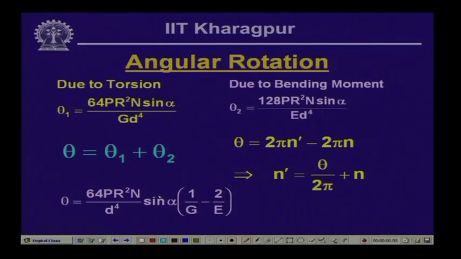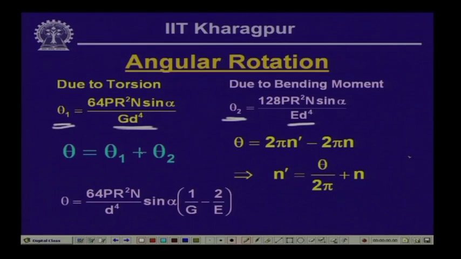So, we need to find out the value of theta, the angular rotation. Due to the twisting moment, the rotation theta 1 is given by 64 P R square N sin alpha by G D to the power 4, and due to the bending moment we will have the rotation theta 2, which is 128 P R square N sin alpha by E D to the power 4.